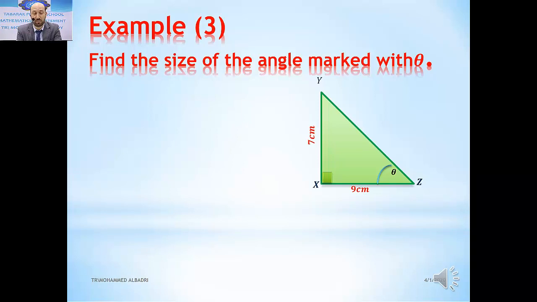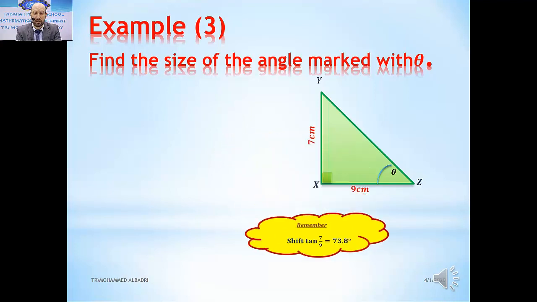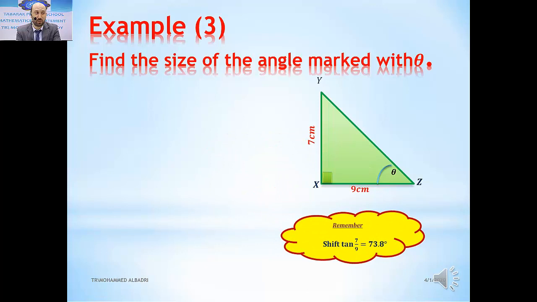We have the opposite and the adjacent, and we want to find theta. The relationship here is tan, because we have opposite and adjacent. So if we need to find theta, it will be shift tan 7 over 9. So tan theta equals 7 over 9, and theta equals shift tan 7 over 9, which becomes 73.8 degrees.